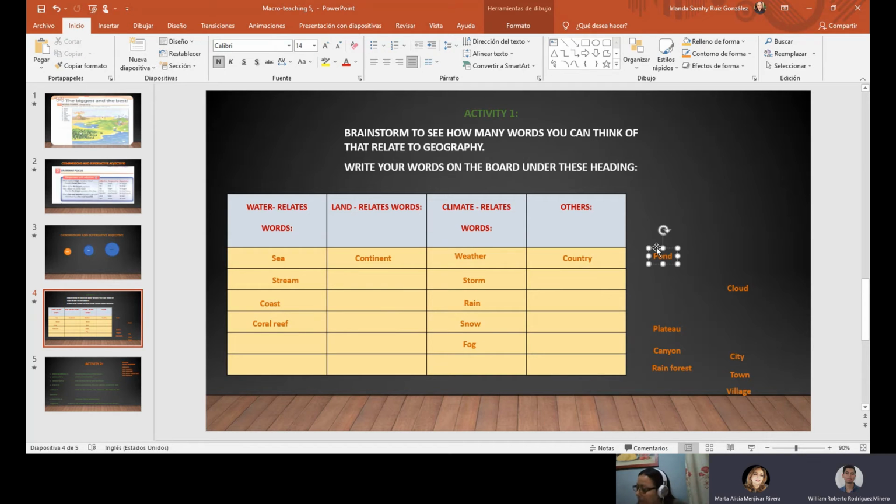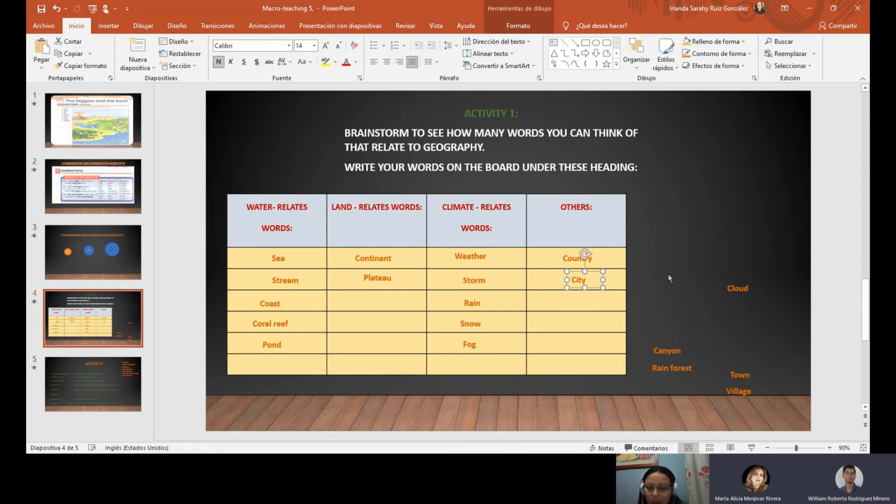Okay, and this one? It is related to water too. Yes, of course, related to water. And what about plateau? It is related to land. You're right. And city? Land or others.